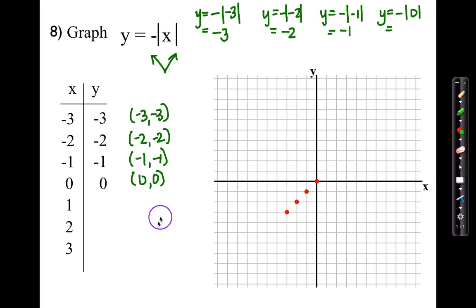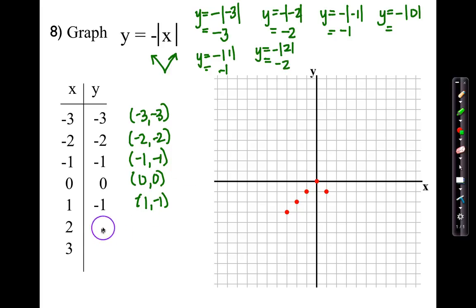Next, you're going to go ahead and plug in y equals the opposite of the absolute value of 1. The absolute value of 1 is 1. You take the opposite of that, which is -1. So here you have 1, -1. So 1, -1 is here. Next one, y equals the opposite of the absolute value of 2. The absolute value of 2 is 2.